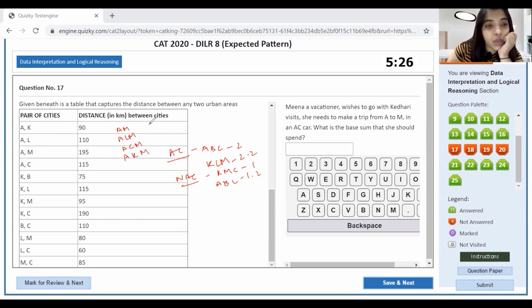Now let's see what amount she'll have to pay for AC cars. So if she's going from A to M, directly 195 into 2, that is 390. ALM would be AL 110 into 2, 220 plus L and M 80 into 2.2. 82 is 160 and 16, 196, right? 176.